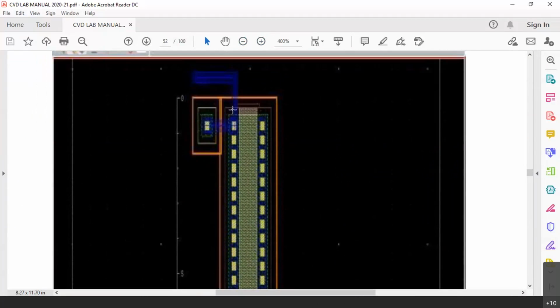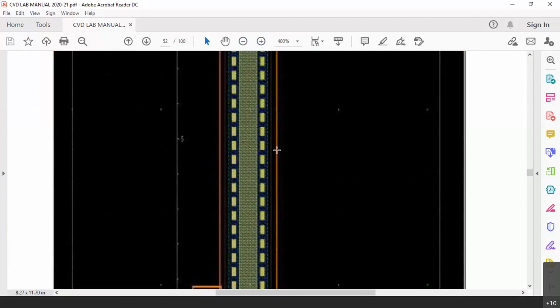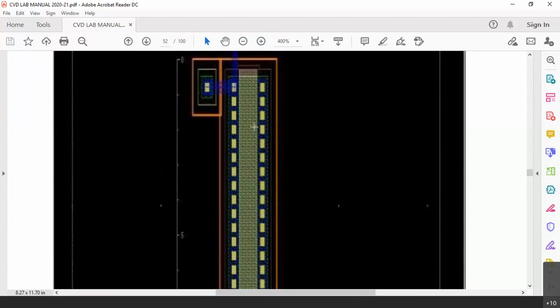Its channel length is 1 micrometer, but its width is now 50 micrometer. So you can see so many contact cuts adjacent. Now left side is the source terminal, right side is the drain terminal, and you can see so many yellow colored contact cuts there. In the middle it is the polysilicon or the gate area. That is how we have taken it.